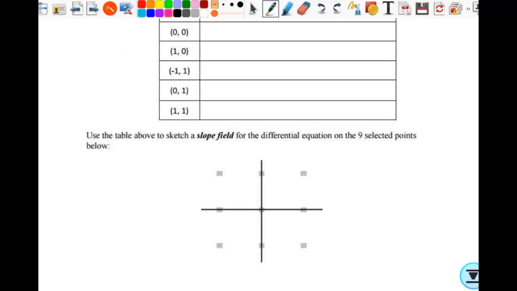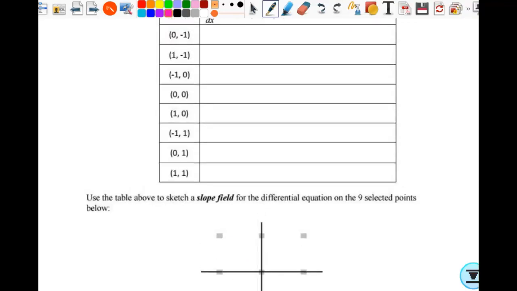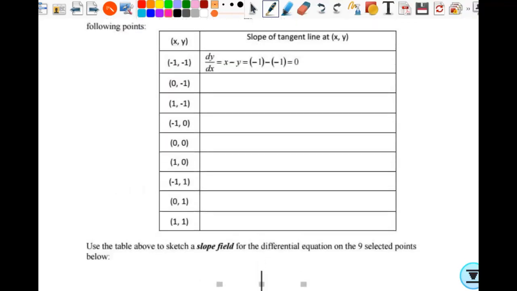So now I'm going to come down here to this coordinate plane and find that point, -1, -1, and draw a tiny little line segment with a slope of 0. So -1, -1. All right, let's look at the next point. So x, y, 0, -1.